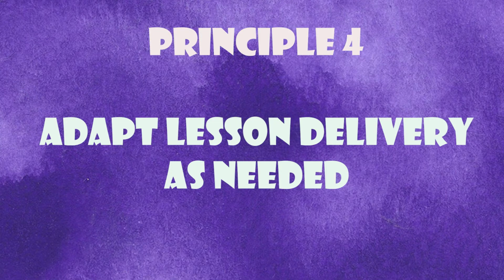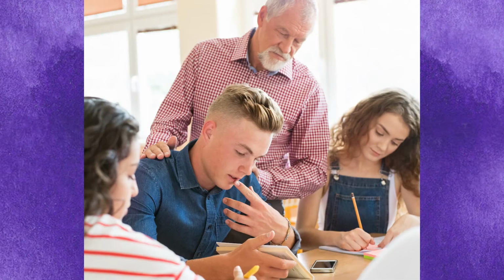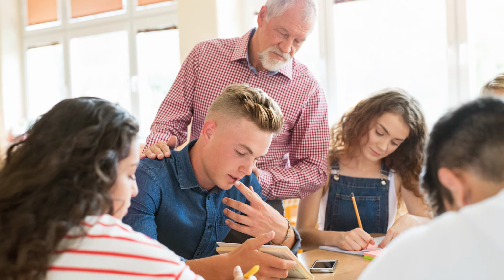Principle 4, adapt lesson delivery as needed. Teachers continually assess as they teach, observing and reflecting on learners' responses to determine whether the students are reaching the learning objectives. If students struggle or are not challenged enough, teachers consider the possible reasons and adjust their lessons.